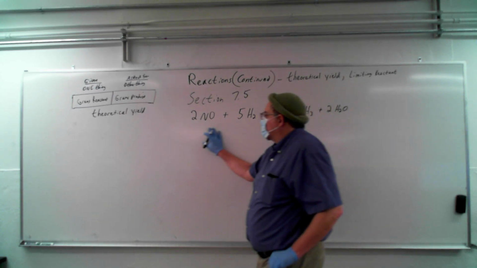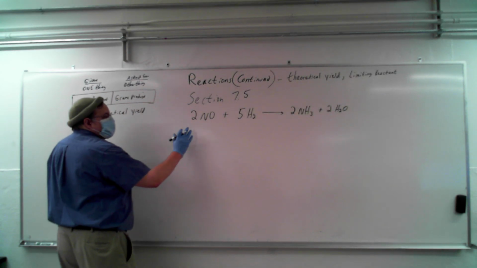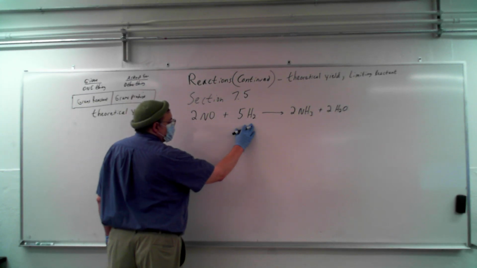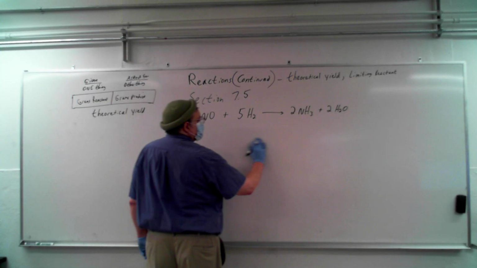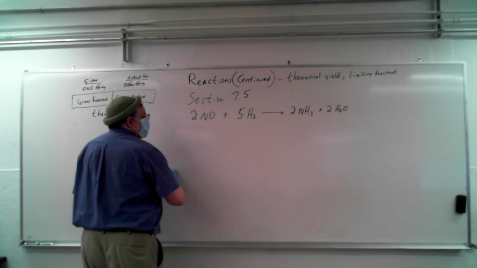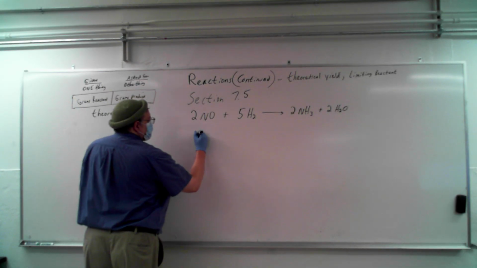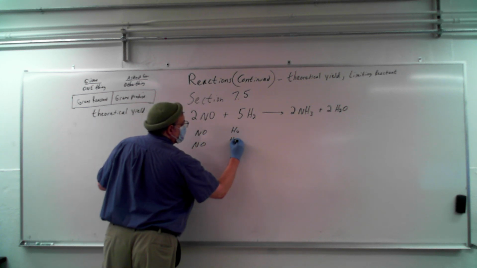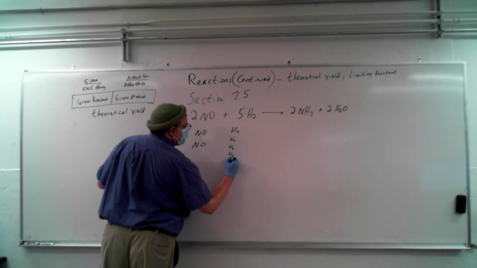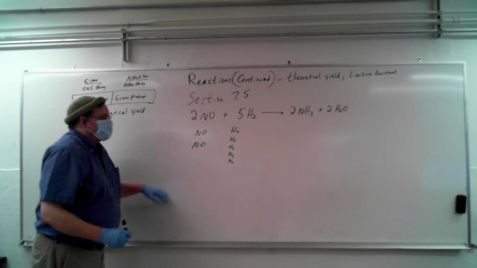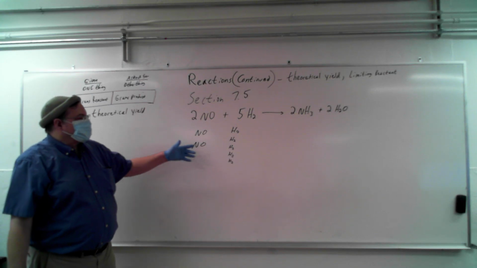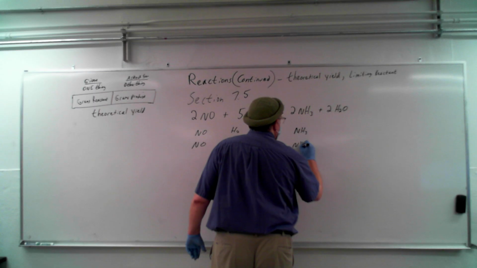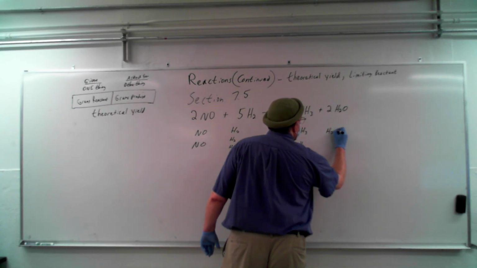I'll remind you again what this means. One thing it means is those 6 relationships: 2 moles of NO to 5 moles of H2, 2 moles of NO to 2 moles of NH3, etc. But this coefficient is telling you you need 2 of those and 5 of these. And we can say moles. We need 2 moles of these and 5 moles of these, such that we will get 2 moles of these and 2 moles of these.